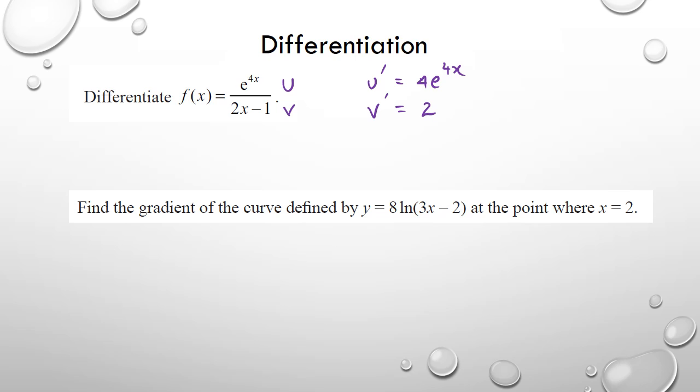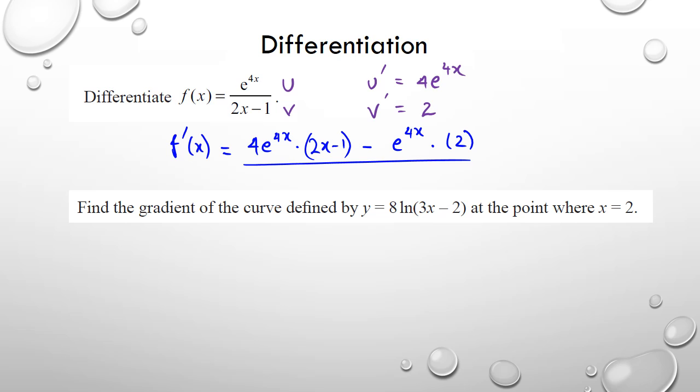Because this is a quotient rule, we can write f dash of x as u dash, which is 4e to the 4x, multiplied by v, which is 2x minus 1, minus u, which is e to the power of 4x, multiplied by v dash, which is 2, and that whole thing is divided by v squared, which is 2x minus 1 whole squared. That was actually an achieved one.